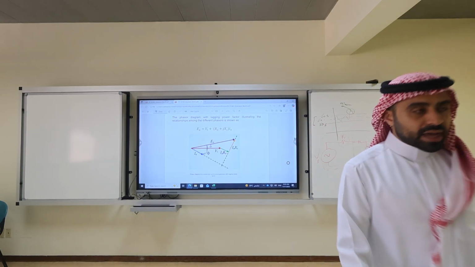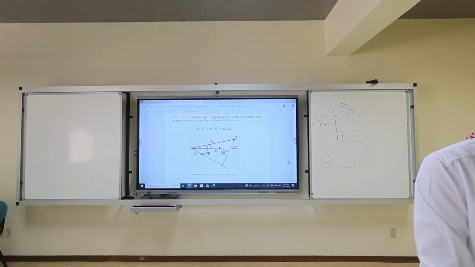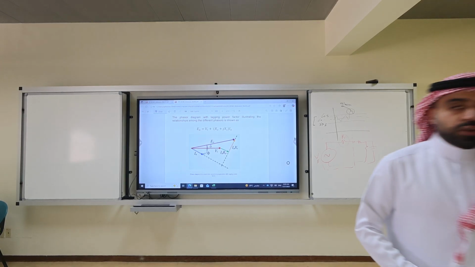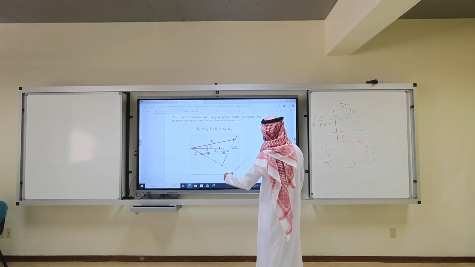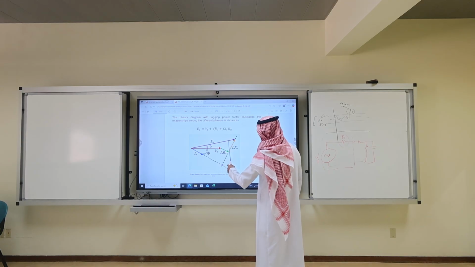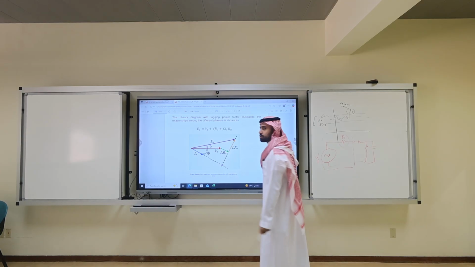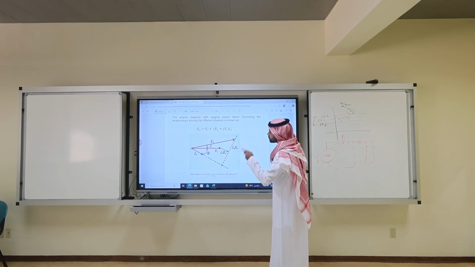What is the phasor diagram? It's a representation of the relationship between complex numbers, voltages, and currents. So, what is my reference here? Is it the red, or the purple, or the yellow, or the green, or the blue? The red. It's the terminal voltage, Vt angle 0.